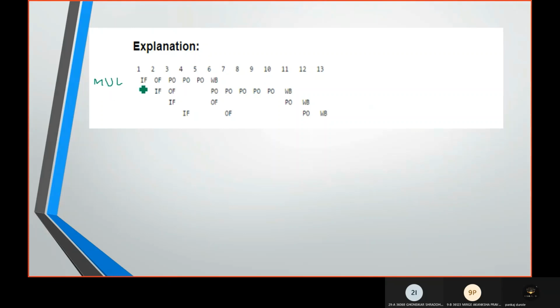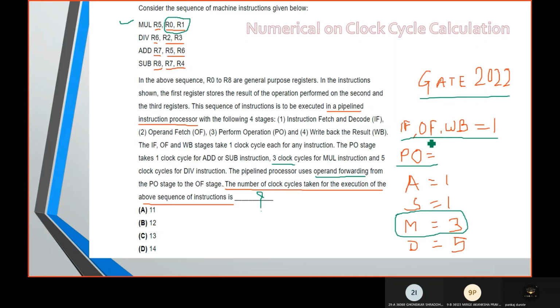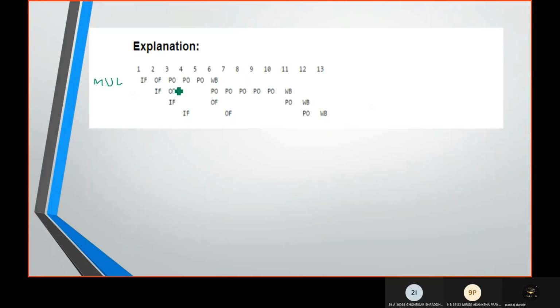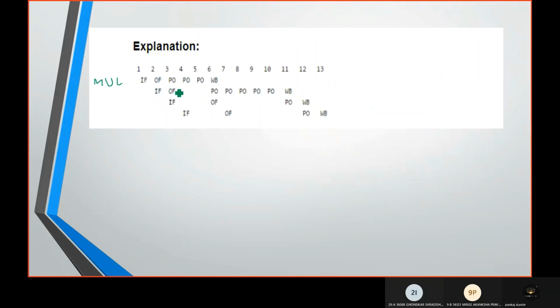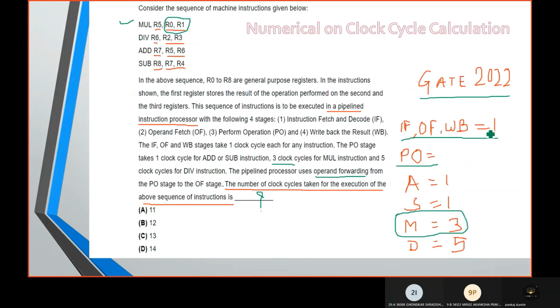For multiplication, instruction fetch and operand fetch each take 1 clock cycle, so I have written each once. Then the perform operation stage: for multiplication it takes 3 stages, so I write perform operation 3 times. Then I write back the result, which requires only 1 clock cycle.